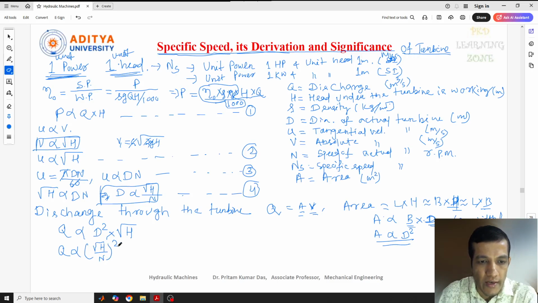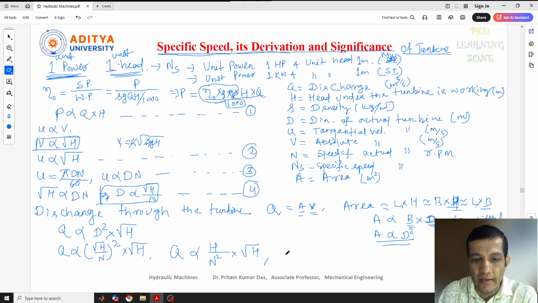D square is there, into root over of H. So from here we will get Q is directly proportional to root over of H square, so we get only H, and the denominator N is there, so that will be N square, into root over of H.